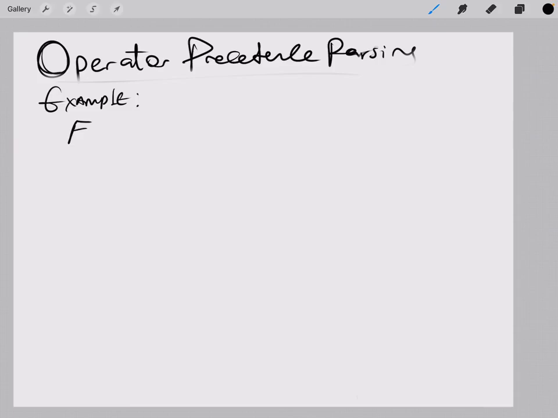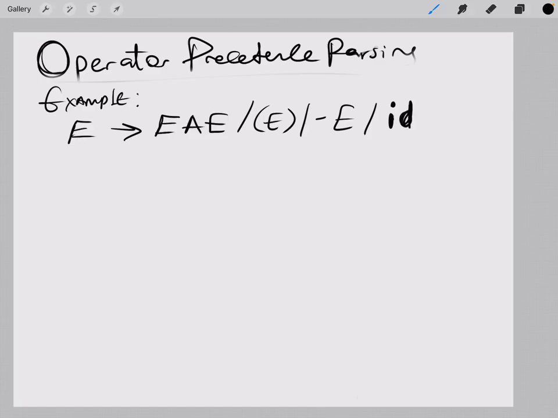We have E derives E A E, or ID, boldface ID. And then we have A derives plus or minus or star or divided by or the exponent.